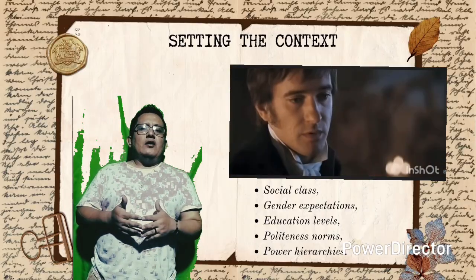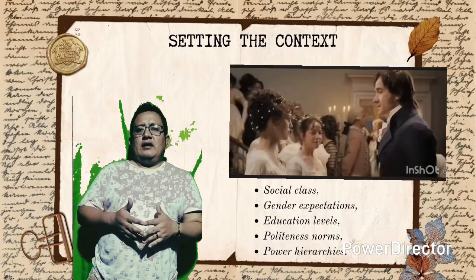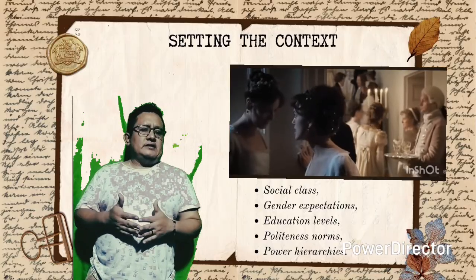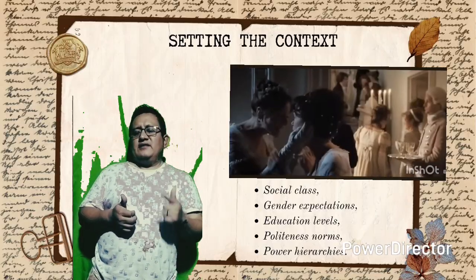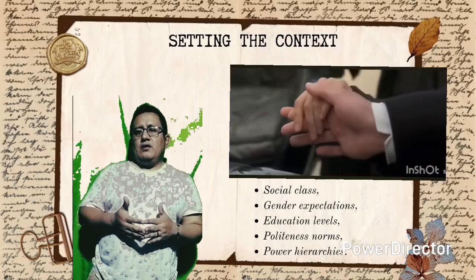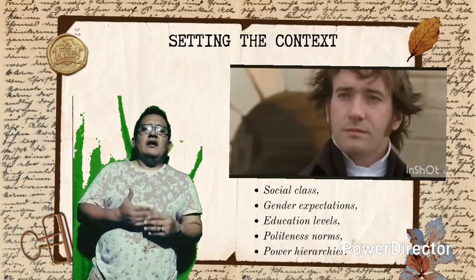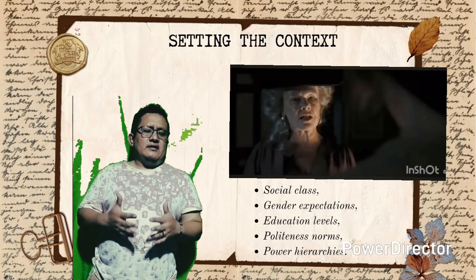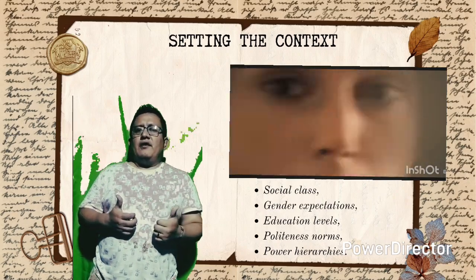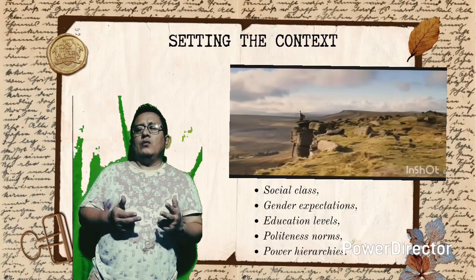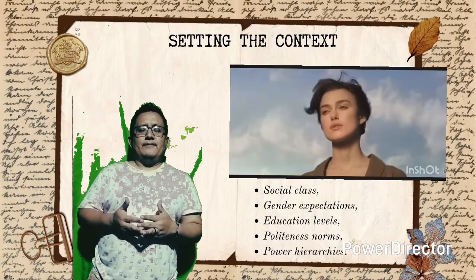In this story, language is not neutral. It's a social currency, a symbol of respectability, refinement, and belonging. What we see in the film is how characters use language to negotiate identity: who they are, where they stand in society, and who they aspire to be.